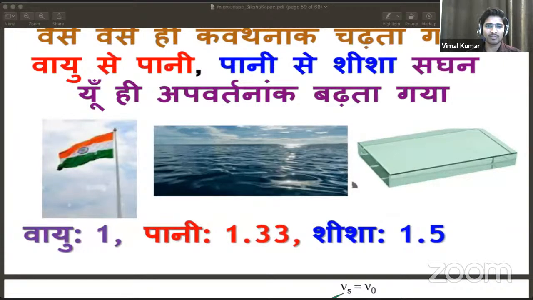Professor Kumar shared with us his extensive knowledge and experience on modern microscopy and imaging techniques. His presentation was informative and engaging, and we learned about the basic working principles of different types of microscopes, as well as their applications in various fields.